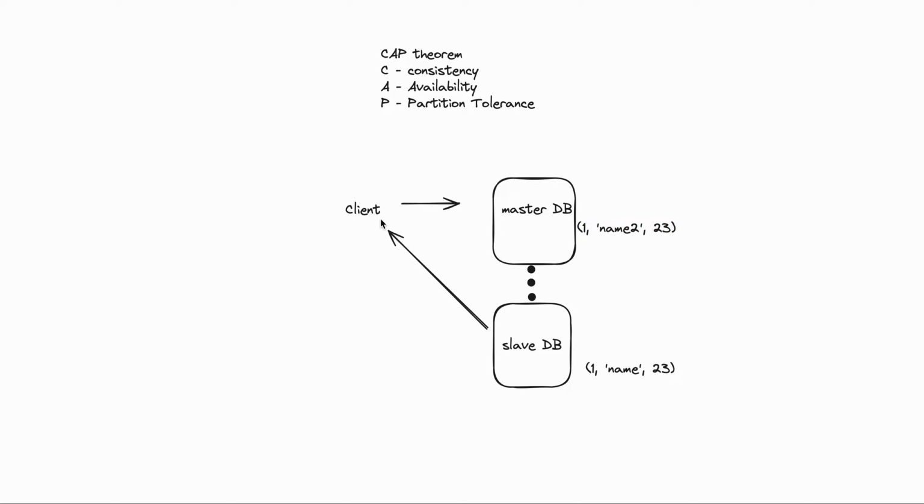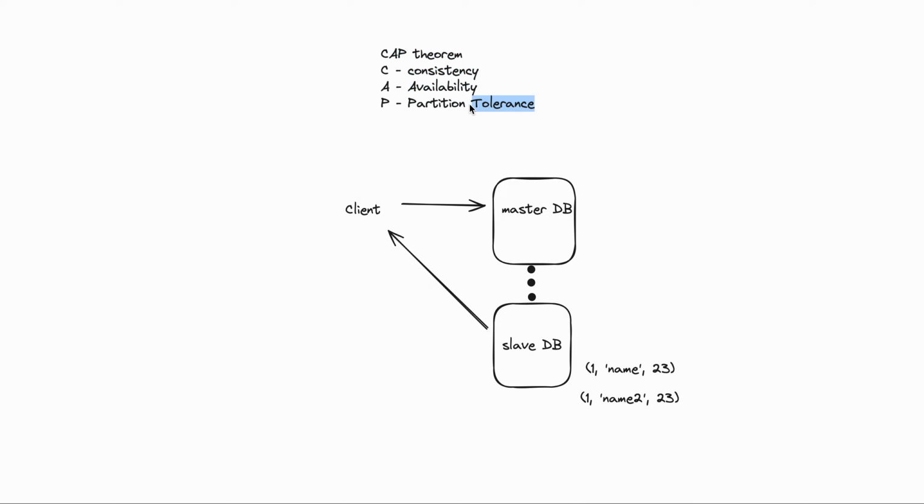But after a period of time, if we read it again, we will get the new data because it is replicated from master to slave. So now the consistency is a trade-off. We have improved the availability of the entire cluster, but our consistency is not the same as a single machine. We have given a trade-off for this.